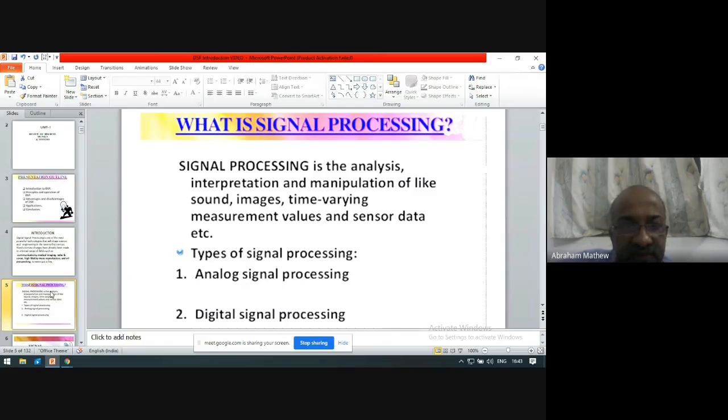Processing any signal means we can process analog signal or digital signal. When we are processing signal, especially digital signal, with the help of a computer, we can say it is digital signal processing.